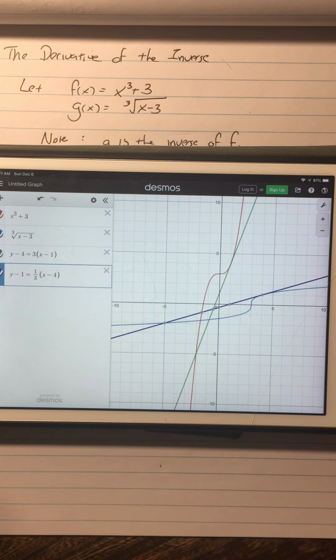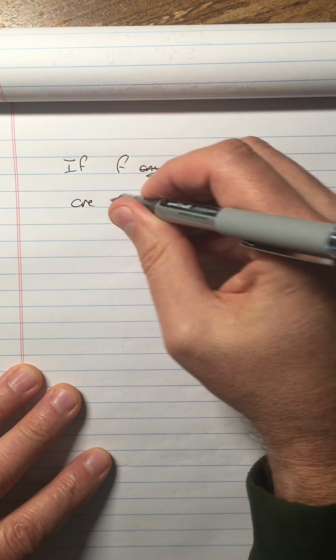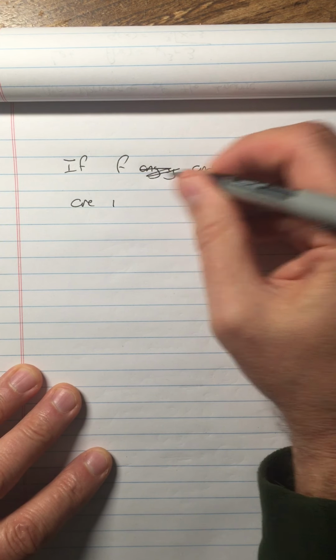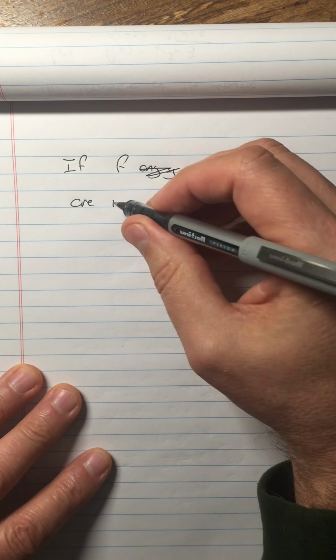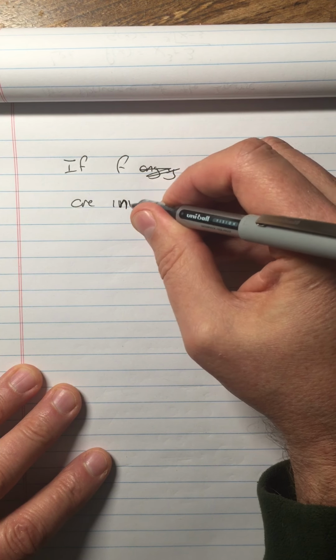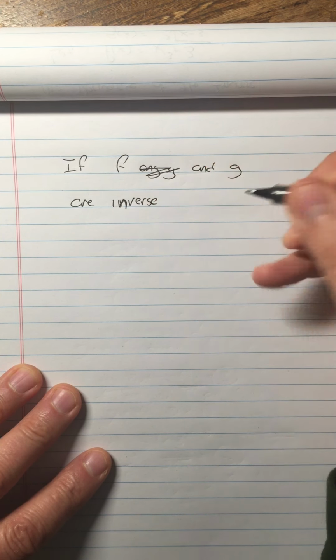All right, so what is the theorem we were talking about? I guess I'll write it up here. If f and g are inverse functions, I shouldn't put down a theorem, but it's a really useless theorem, but they will test it on the AP exam.